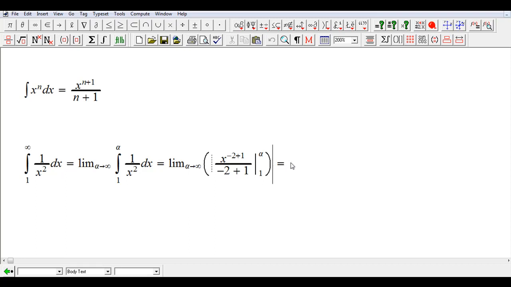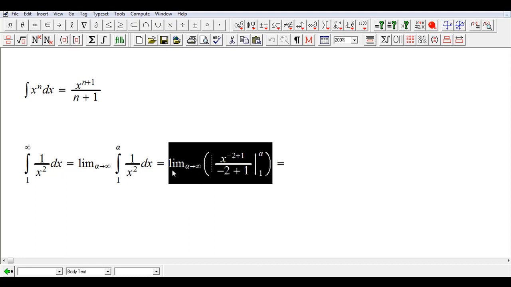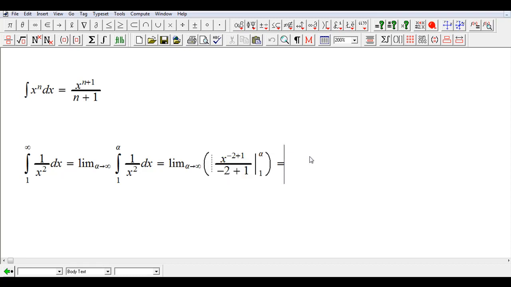So that's x to the negative 1 over negative 1.